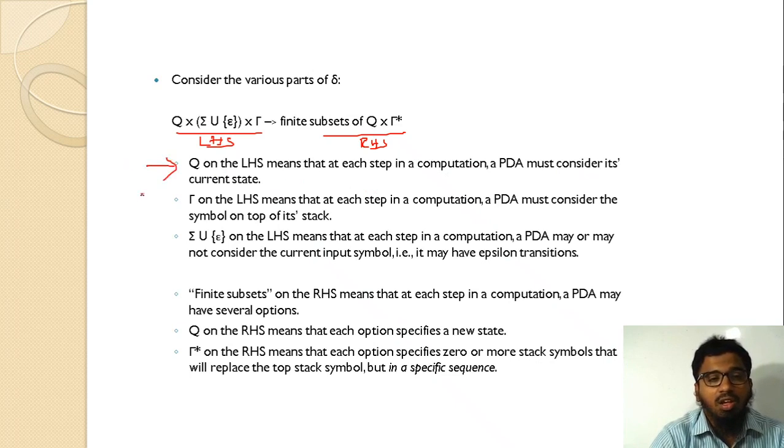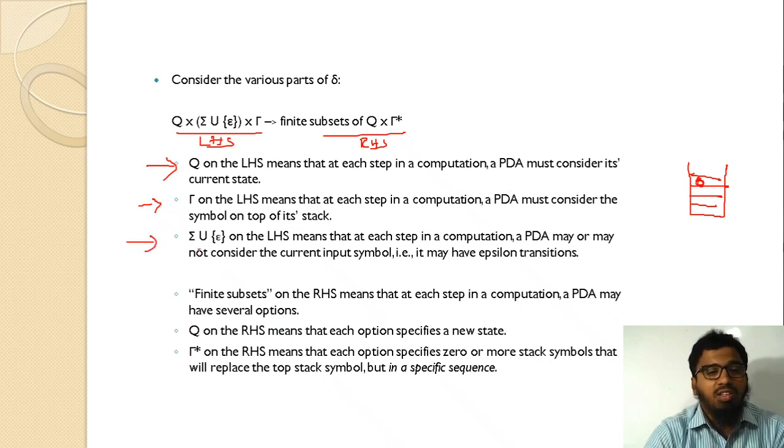Whenever Q is on the left hand side, that must be considered as the current state. And tau on the left hand side means that at each step in a computation, a PDA must consider the symbol on the top of the stack. Whenever we have a stack, maybe you will have some values, so consider the one that is at the top of the stack.